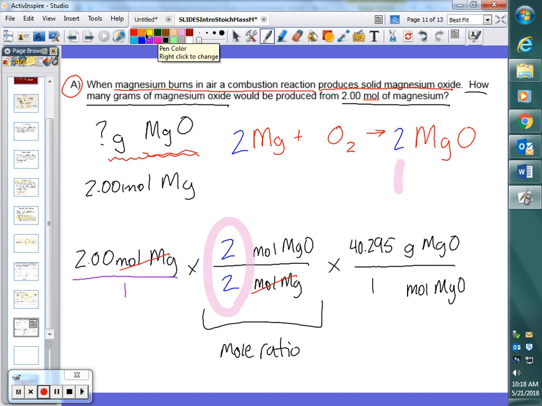Now we can do some more math. All right, we would cancel this moles of magnesium oxide and this moles of magnesium oxide. The only unit that's left in our problem now is grams of magnesium oxide, and that's good because that's what the problem asked us for. So now we're just going to run our stuff through, right? We're multiplying 3 fractions together, so we multiply all the tops, multiply all the bottoms, and end up with tops over bottoms.